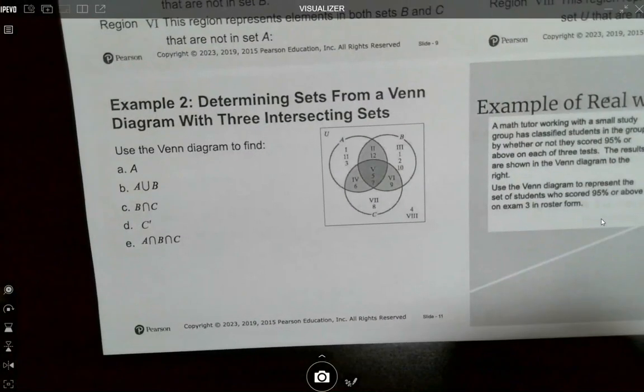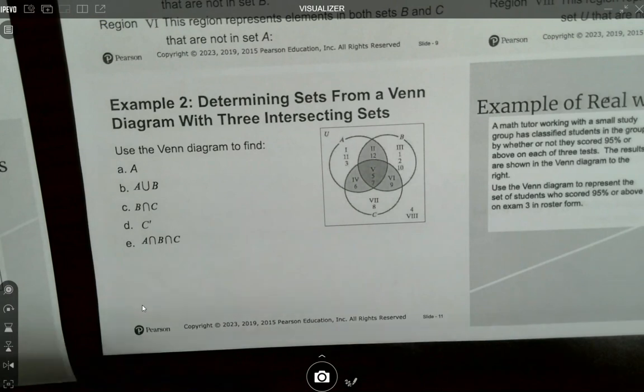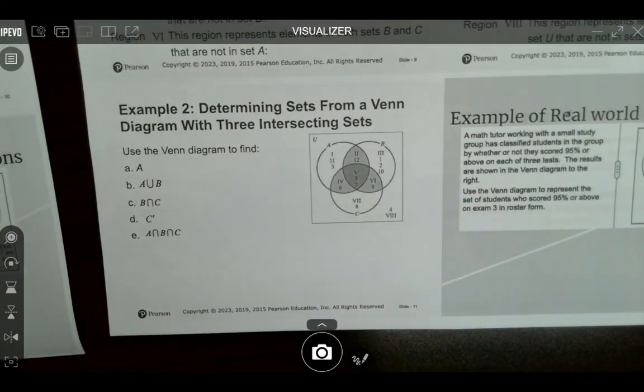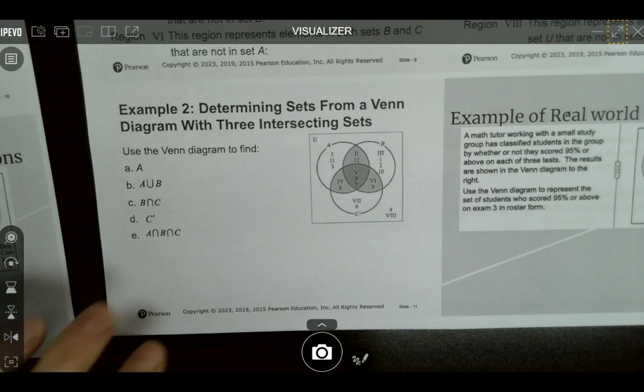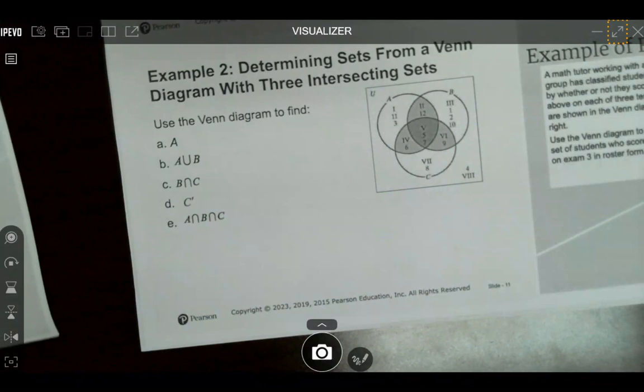Okay, so let's look at this next example. On this example, let's go ahead and write down all the elements.